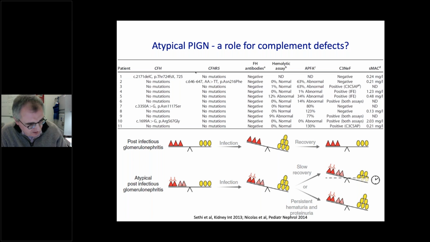So what I try to do is highlight the subtle differences. Let's go back to factor H. It's the same protein that is involved either in the pathogenesis of atypical HUS, TMA, or C3G.